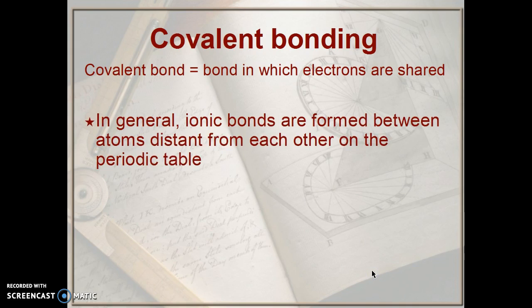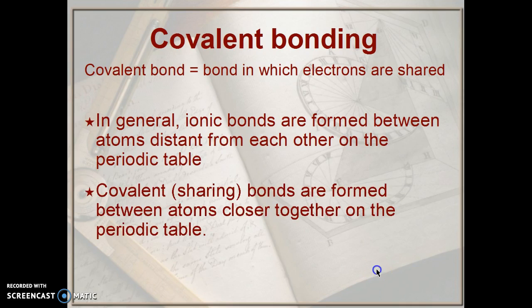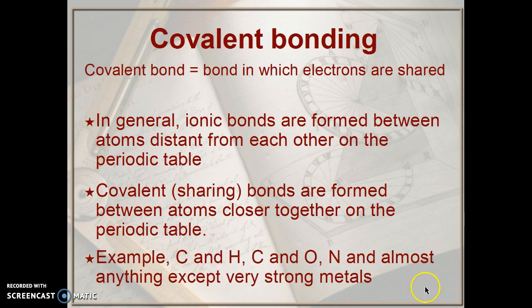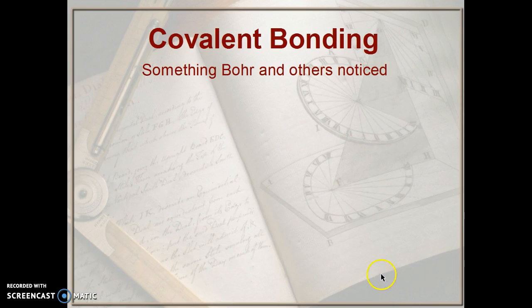In general, ionic bonds are formed between atoms that are far from each other on the periodic table, whereas covalent bonds are formed between atoms that are closer together on the periodic table. Typically, these are nonmetals. For instance, carbon and hydrogen, carbon and oxygen, nitrogen and almost anything except very strong metals bond together covalently.